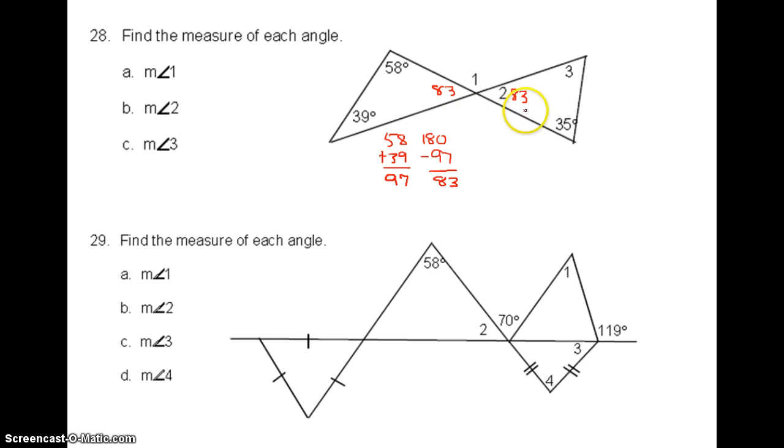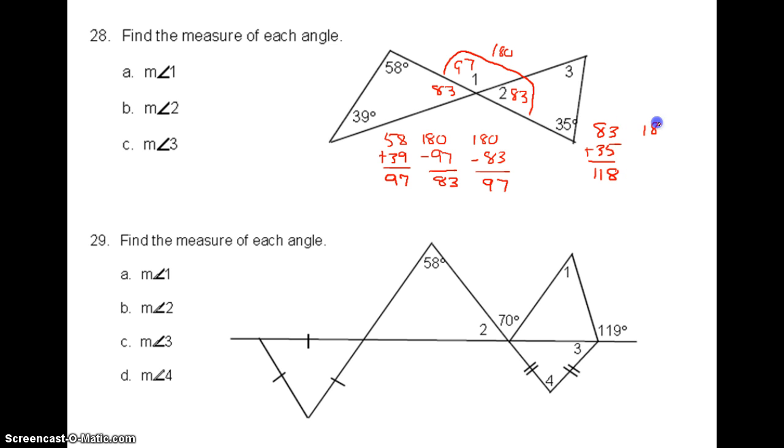Vertical angles. These two are going to add up to 180, remember? So 180 minus 83, as you can see, is going to be 97. So angle 1 is 97. And then to find 3, I'm just going to add 83 plus 35, which is 118.